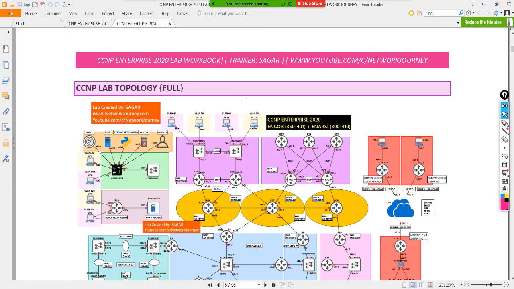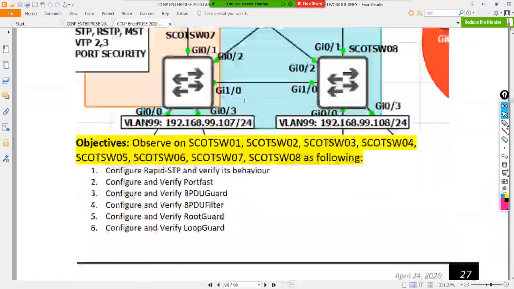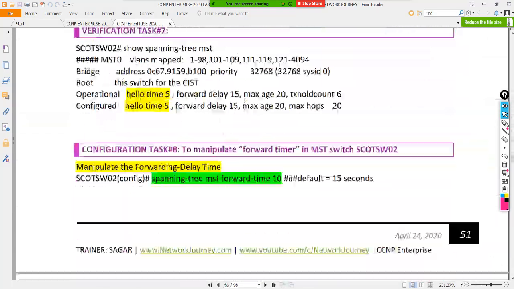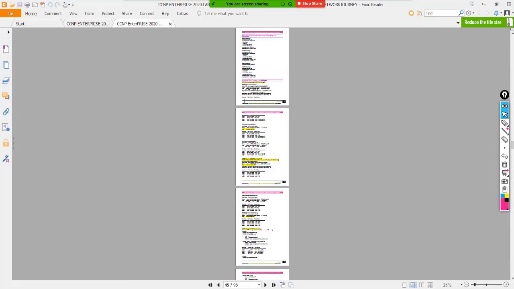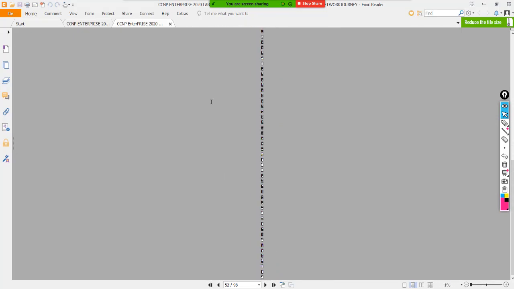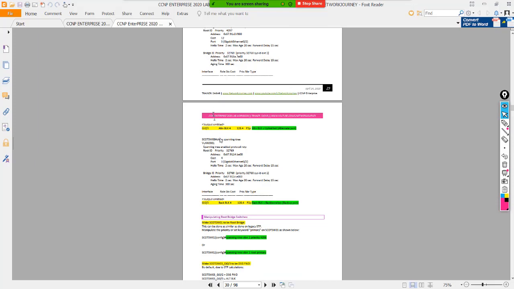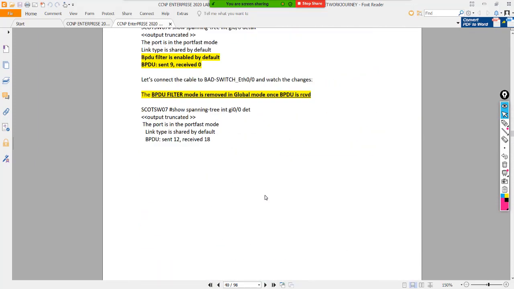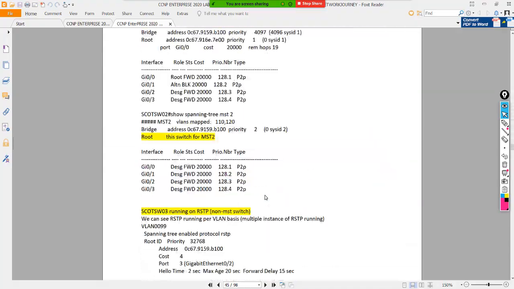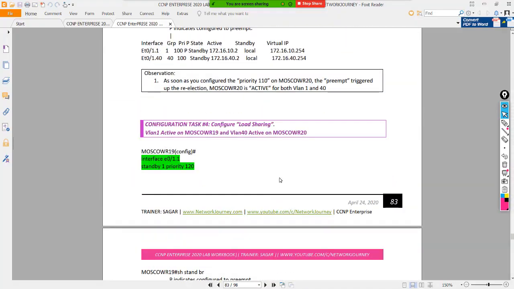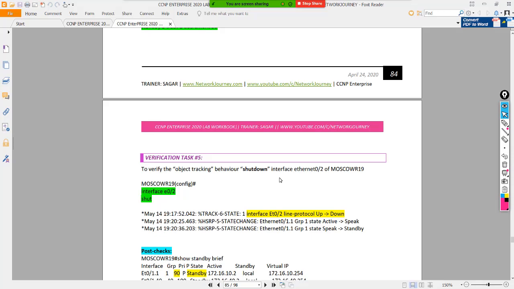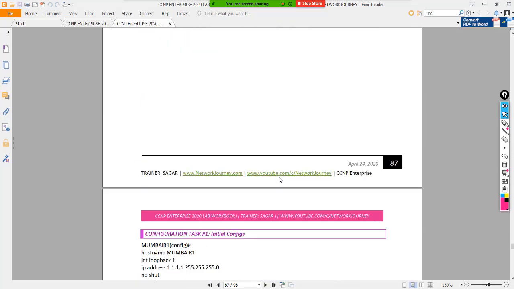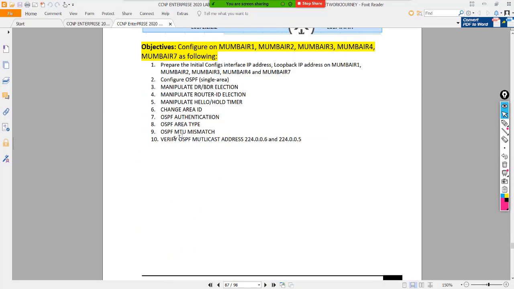That was with regards to the multicast IP address. Yeah, the last task was to verify the multicast address.